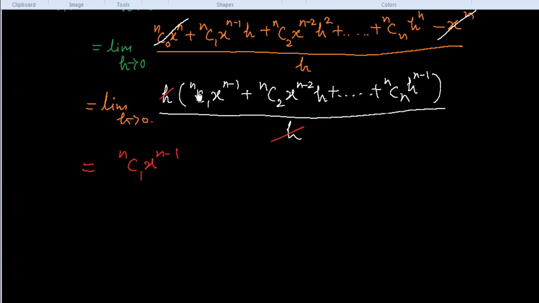You have only n combination 1 x power n minus 1, which has no h in it. So n combination 1 is n, and we get n x power n minus 1. This is dy over dx for the function x power n. In this way we can easily find the differentiation of functions.